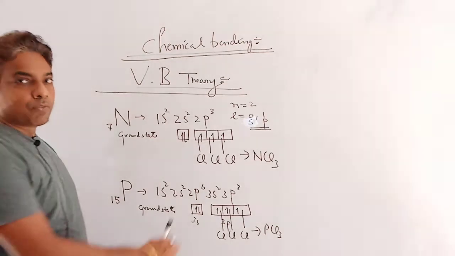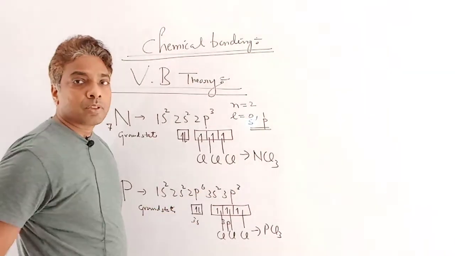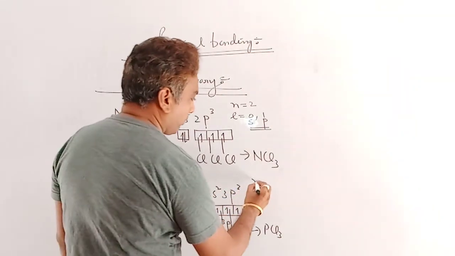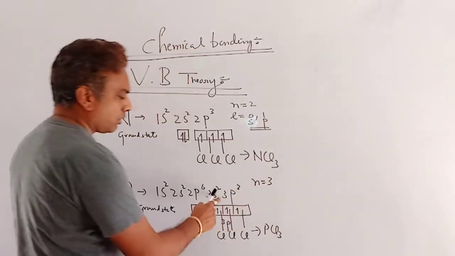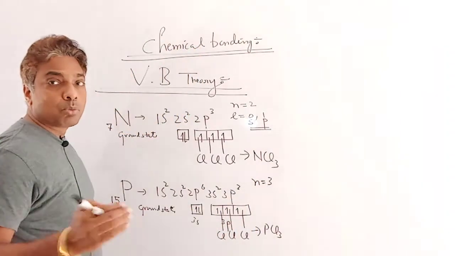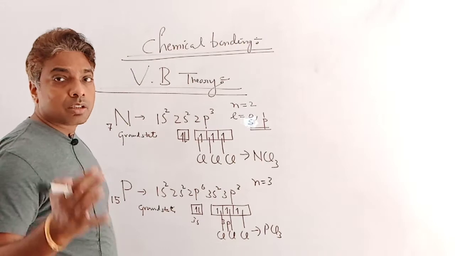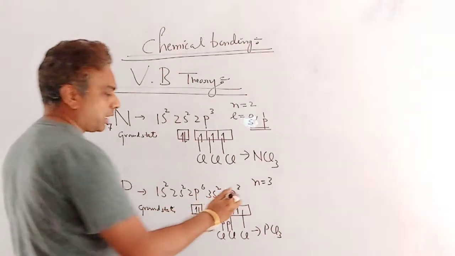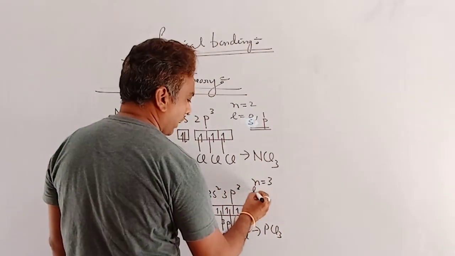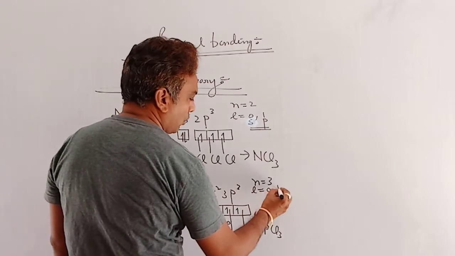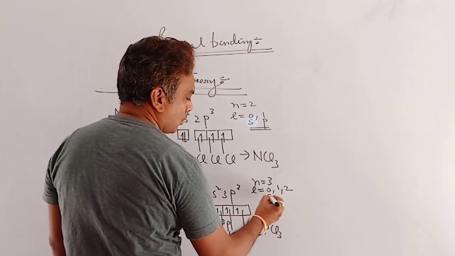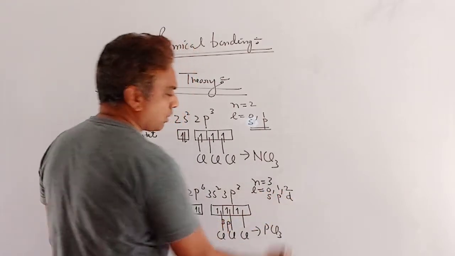But in case of phosphorus, here the principal quantum number n is equal to 3. The outermost shell is the third shell, and the third shell contains three subshells, since the value of l will be 0, 1 as well as 2. So s, p as well as d also.